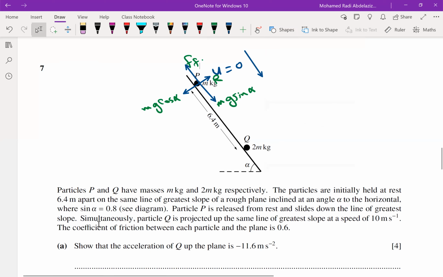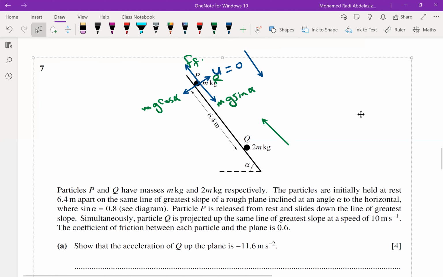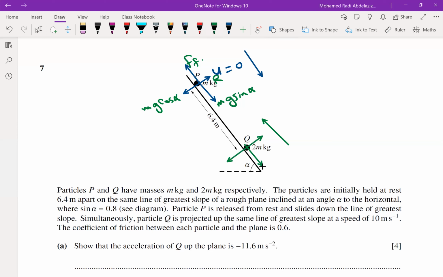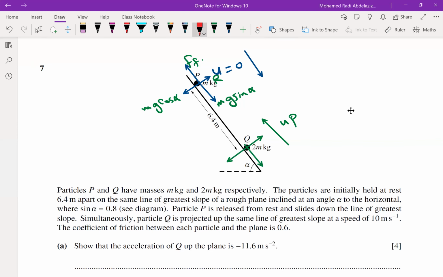What about particle Q? Simultaneously means at the same moment, particle Q is projected up. So for particle Q, it's projected up, so that is the direction of motion. In the same way, I have to show the components of the forces acting on Q. The particle moves up; the components of the weight will be mg sine alpha and mg cosine alpha.